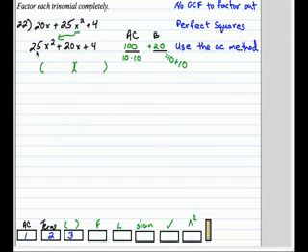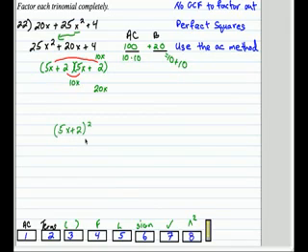Or, I just have the square root of 25, square root of 4. So I know my first is going to be 5x. I know my last is going to be 2. Everything's positive. And I just need to check the middles. 10x and 10x is 20x, and rewrite with a squared.